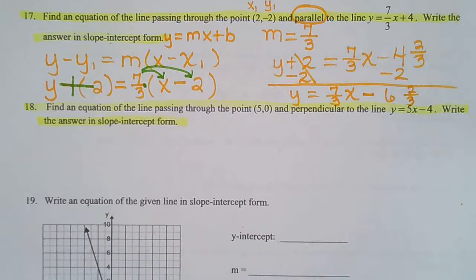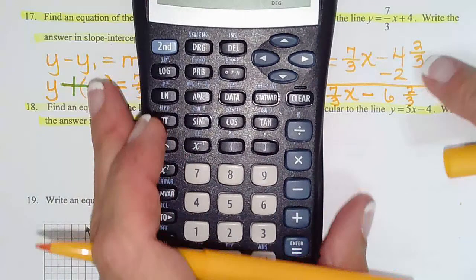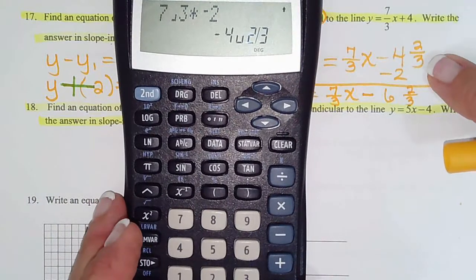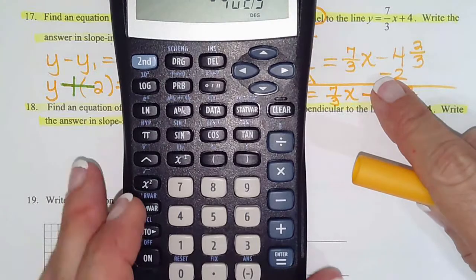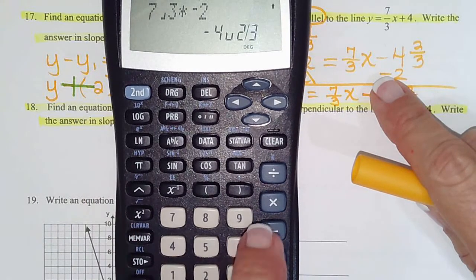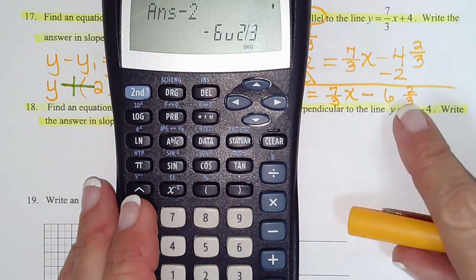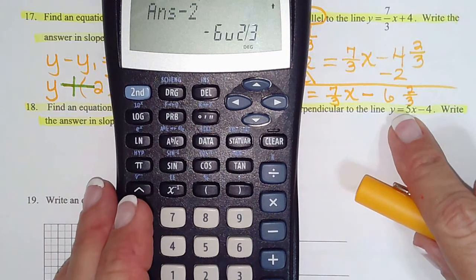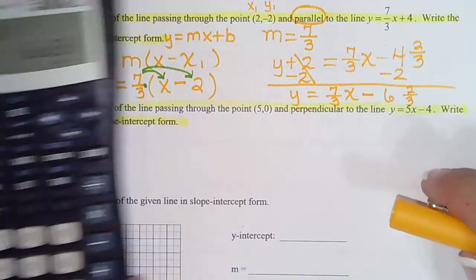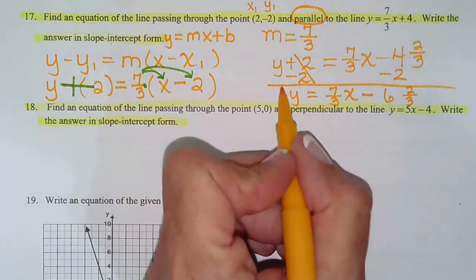If you want to verify it on your calculator, remember you have this negative 4 2/3 already in there, so then just hit subtract 2, and it will verify that you have that correct, negative 6 2/3. Done.